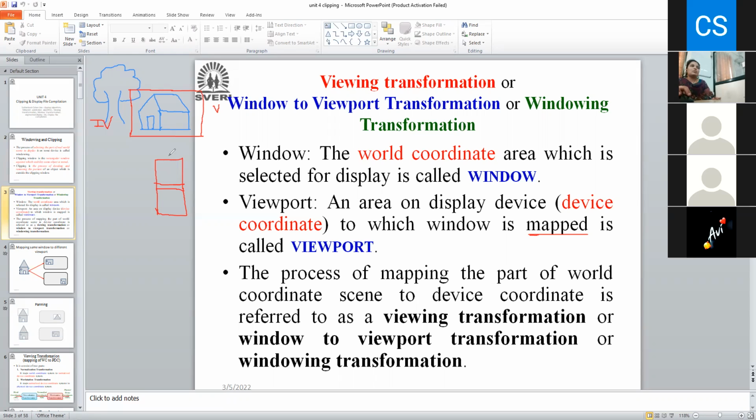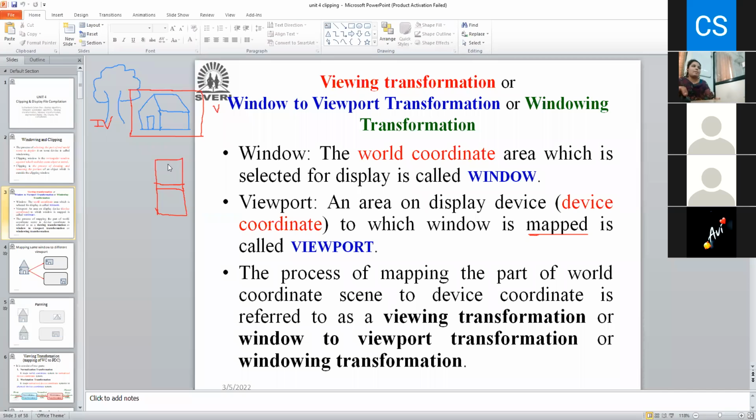It will not cut any portion of it. Suppose I'm taking this picture on the laptop, it will appear whole, and if I copy it to the mobile, will it show only this much portion? No. In the mobile also I am getting the same picture, but the mapping is different.